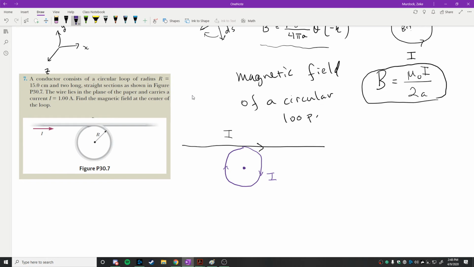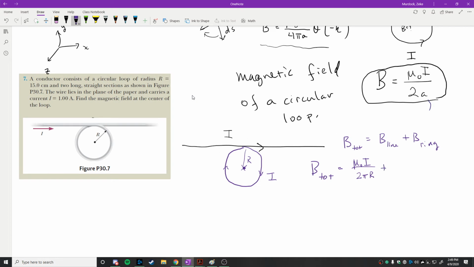The magnetic field at that location is going to point into the page for both of them. The total field is just going to be the field due to the line plus the field due to the ring or the loop. If we call this distance r, the magnitude of the magnetic field for a line of current is mu naught I over 2 pi times the radius, which in this case is r.